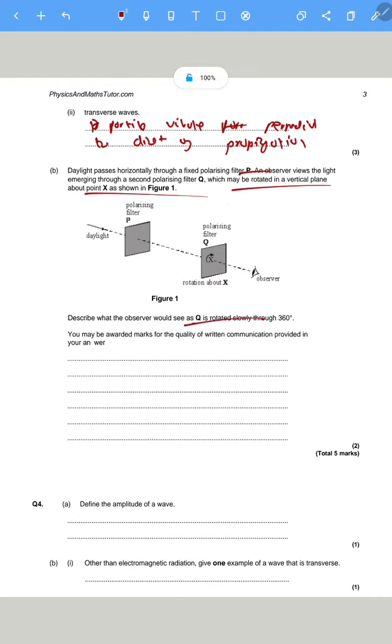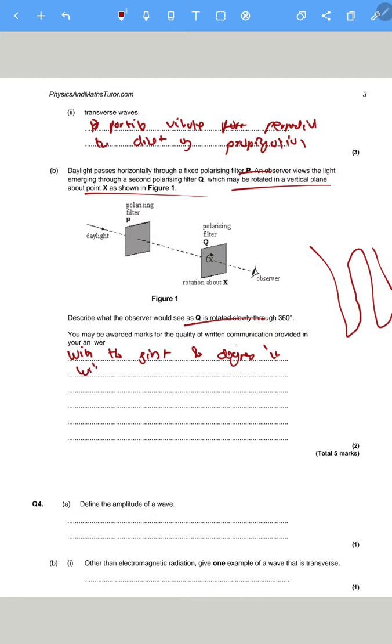So what would the observer see? The observer would see something like that. With the first 90 degrees, it will be dimmer until you reach 90.